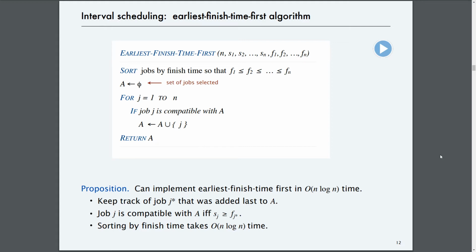So we can implement this in O of n log n time. It's the sorting which takes O of n log n time. The iterating is just O of n. Adding to a set is going to be constant time or O of log n.